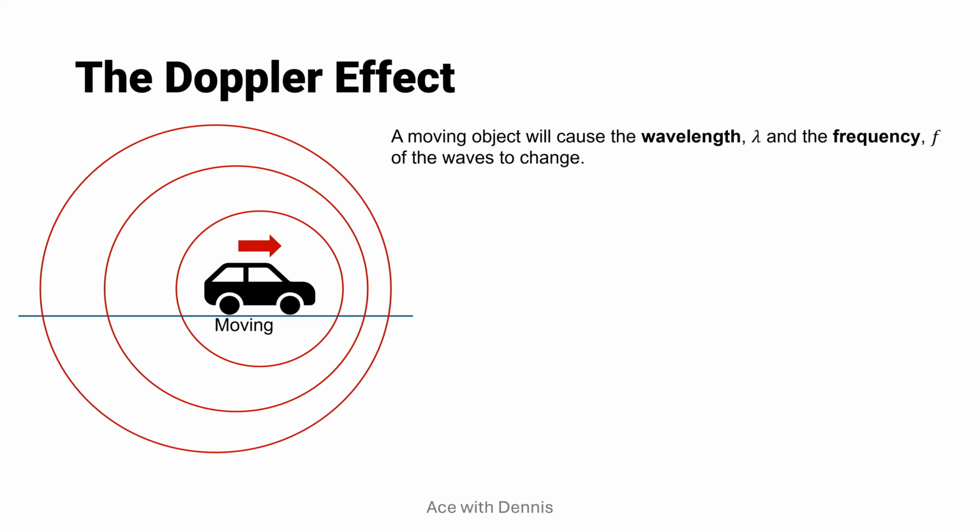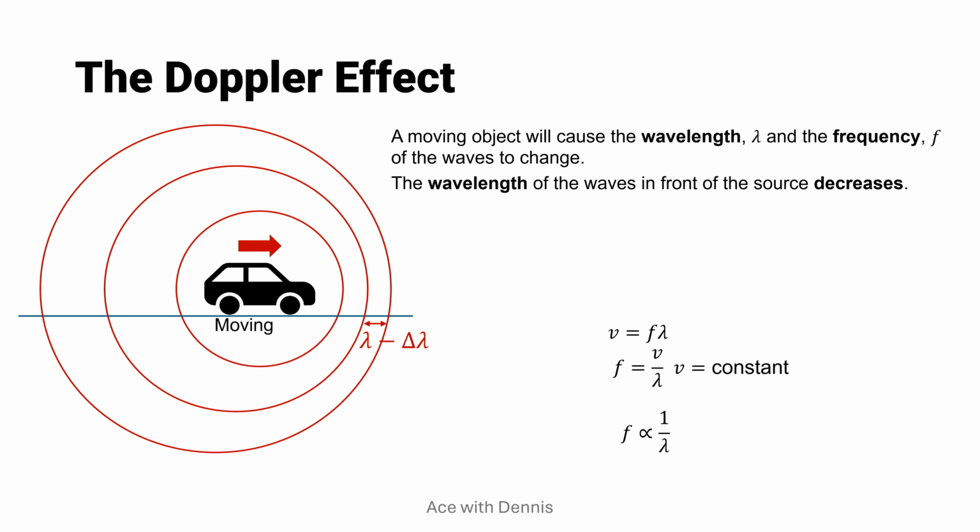A moving object will cause the wavelength lambda and the frequency f of the waves to change. From the formula v equals f lambda, f will be v over lambda, where v, which is the speed, is constant, which means the frequency is inversely proportional to the wavelength lambda.